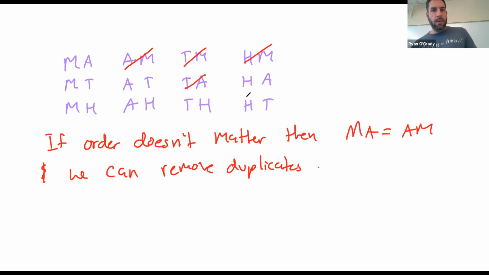TA is the same as AT, and HA is the same as AH. And then, of course, HT is the same as TH, so we get rid of this. So effectively, what have we done? We've cut our list in half, right? So now we have six options.